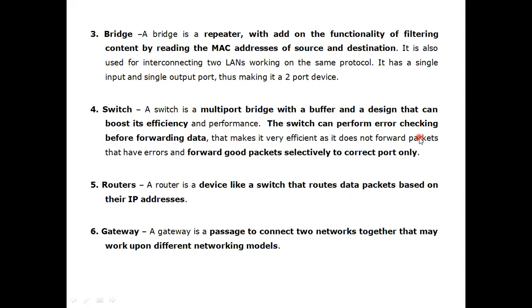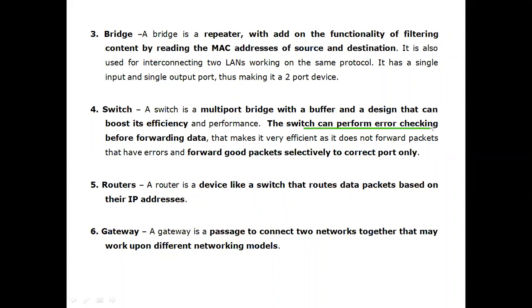The switch can perform error checking. So whatever error occurs there, it performs the error checking before forwarding data. Whenever they want to forward the data, before forwarding, firstly they do this error checking. So this is the main function of this.